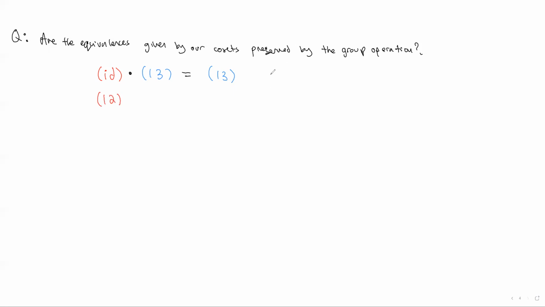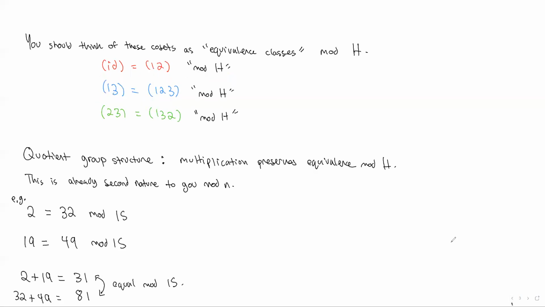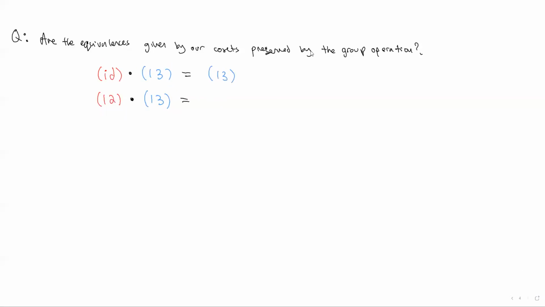Because we're quotienting out by H. So this should give me, again, something equal to (1 3), right? The equivalences should be preserved when I do my group operation, like it is mod n. But is it? (1 2) times (1 3): 1 will go to 3, 3 will go to 2. So it's actually (1 3 2), which is in the green coset. So these are not equivalent.